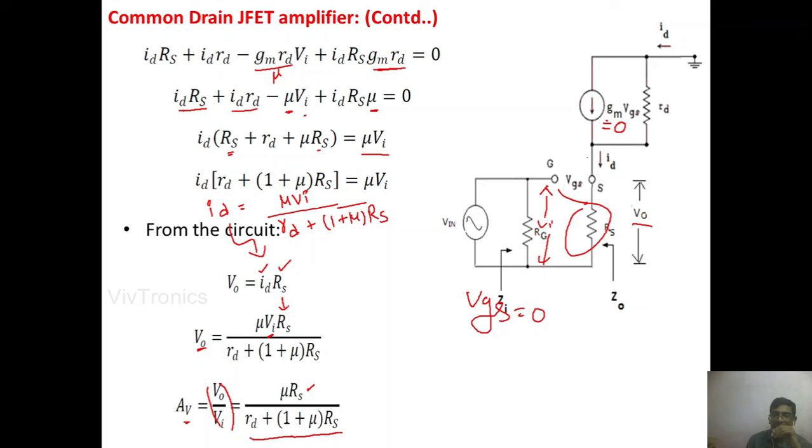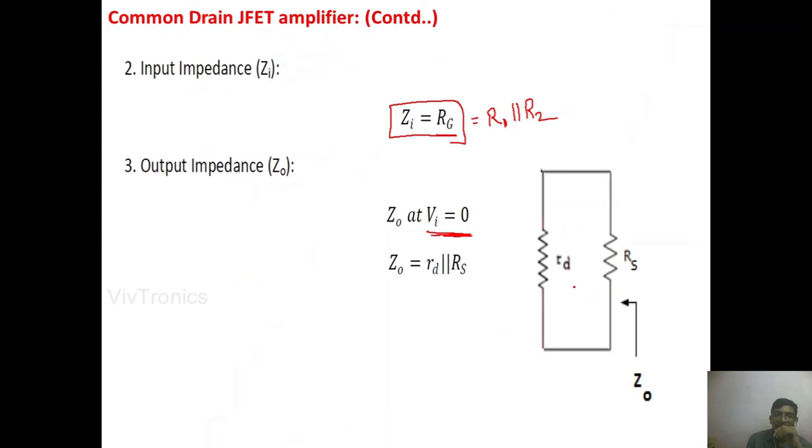Okay, and then we have the two resistances in parallel combination, Rs and Rd. Rs and Rd will be in parallel because the source terminal is a common terminal for the two resistors and they are ending with the ground terminal here. So this small rd is also ending with the ground and this Rs is also ending with the ground terminal.